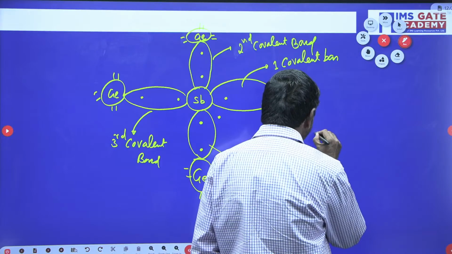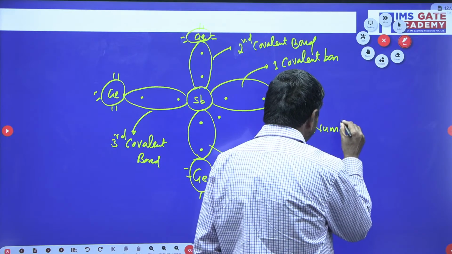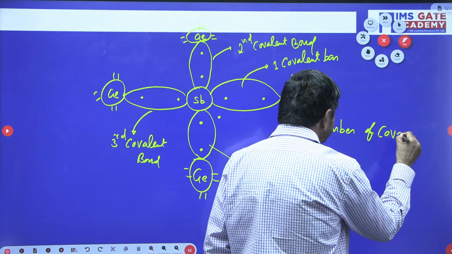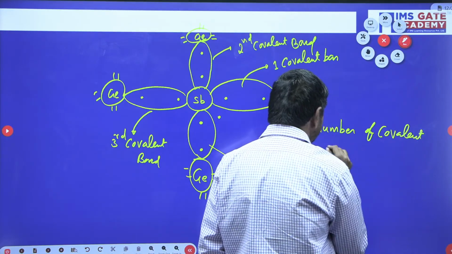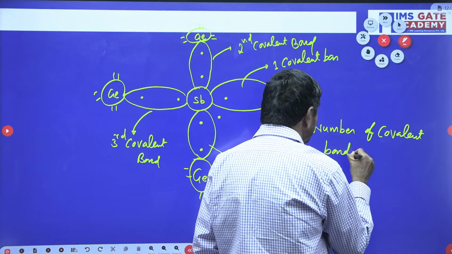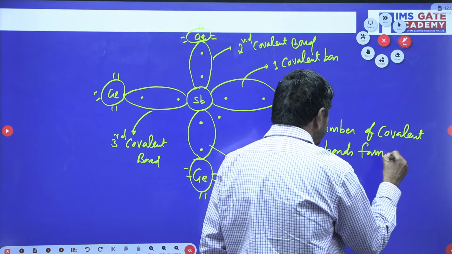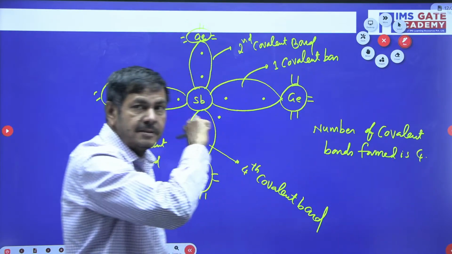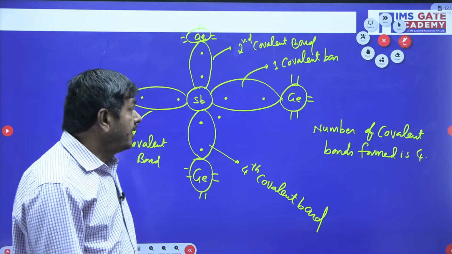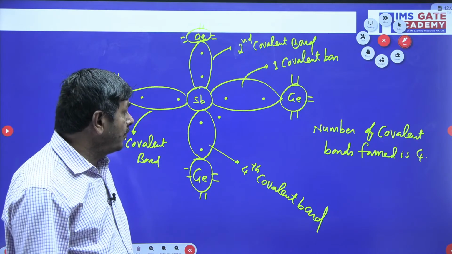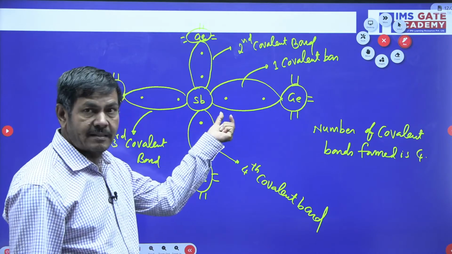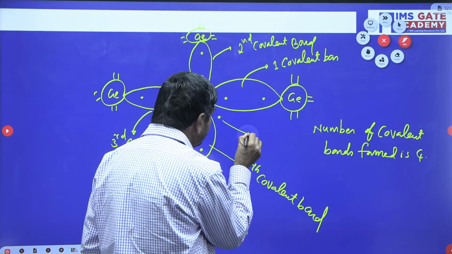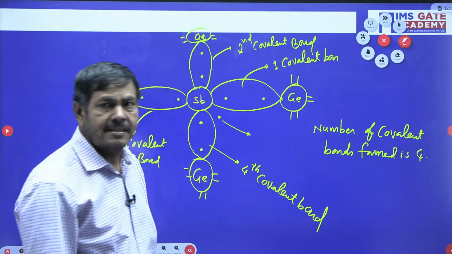That's why I can write: number of covalent bonds formed is 4 in this simple structure, with an excess electron. This electron doesn't have one more electron to form a bond.